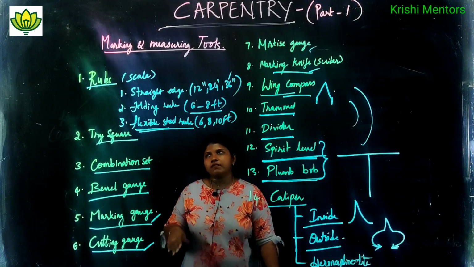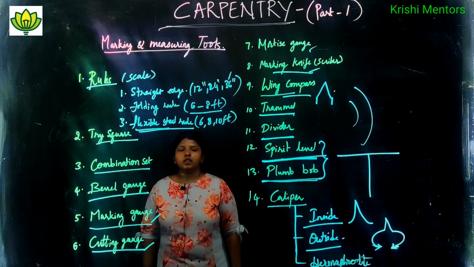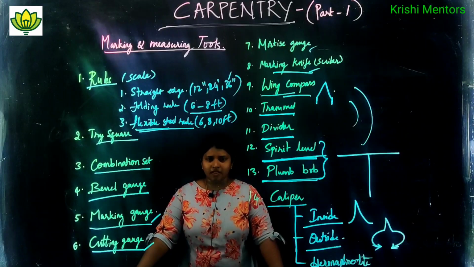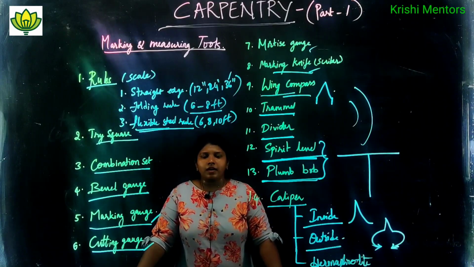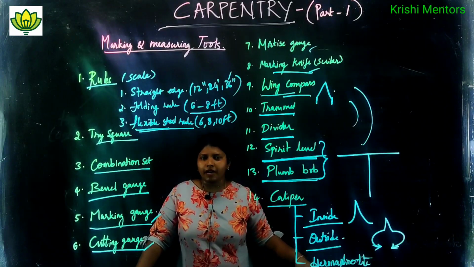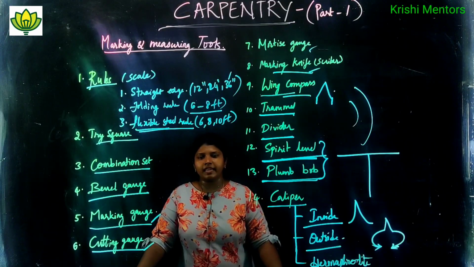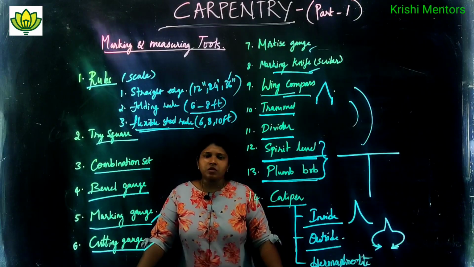Okay, the first and foremost one is a rule. So a rule is nothing but a straight edge which has equally divided markings on it, basically in millimeters, centimeters, inches or foot. Okay, so generally it is also called as a scale.